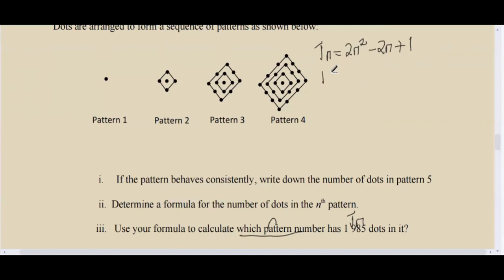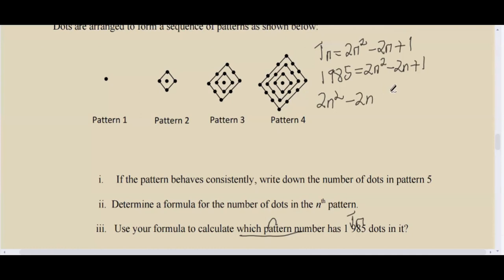So let's substitute. 1,985 is equal to 2n squared minus 2n and then plus 1. Take this, bring it over to the side. This is 2n squared minus 2n. So this would be 1 minus 1,985.